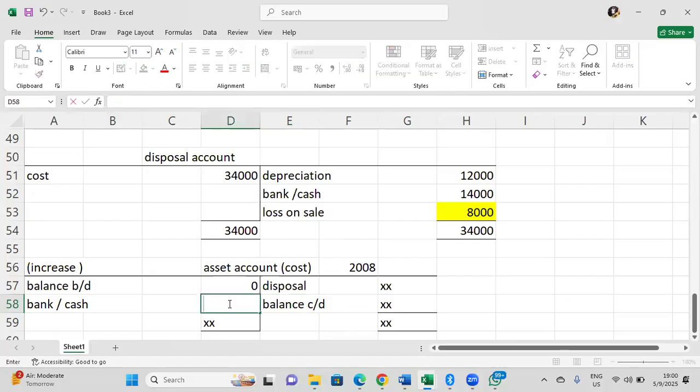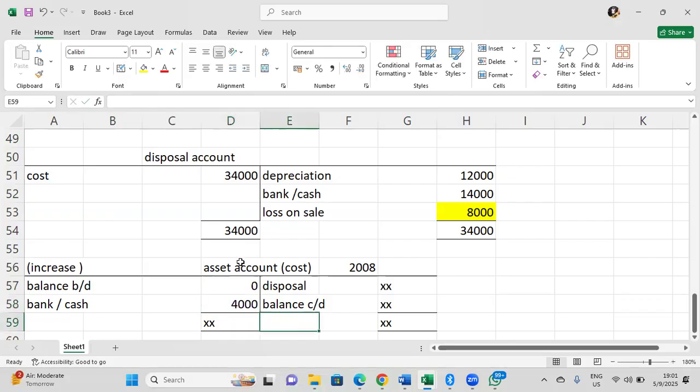Then in the year 2008, that's when we bought an asset for 4,000. So you would put that here.